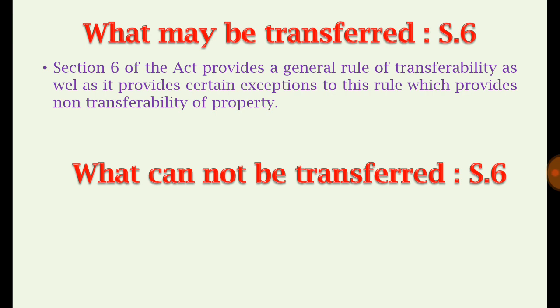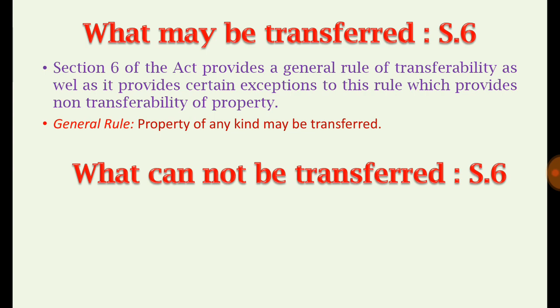Firstly, it provides a general rule, and that general rule is that all kinds of property are transferable. Property of any kind may be transferred. It means there is no general prohibition on the transfer of property. Apart from this general rule, section 6 also provides exceptions to the general rule.